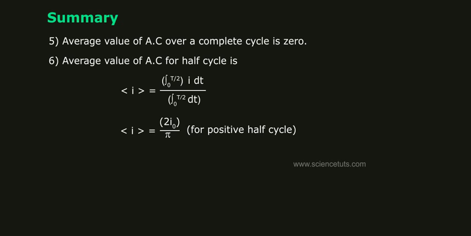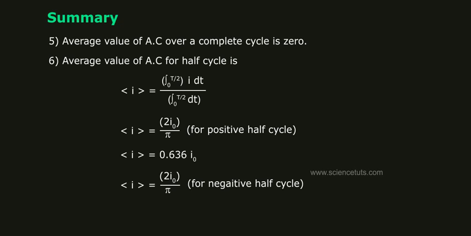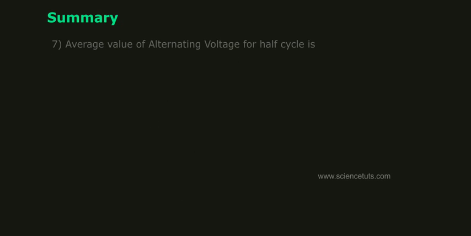Average I equals 2 I naught by pi for positive half cycle. Average I equals 0.636 I naught. Average I equals minus 2 I naught by pi for negative half cycle. Average I equals minus 0.636 I naught.